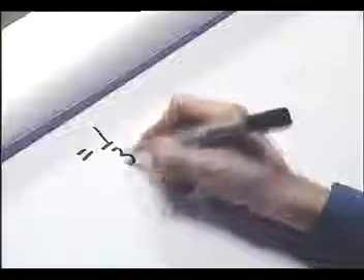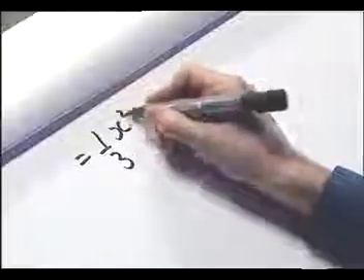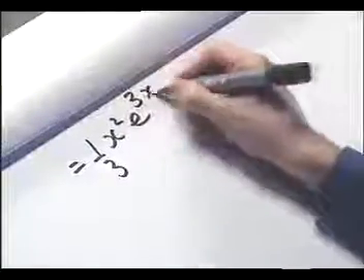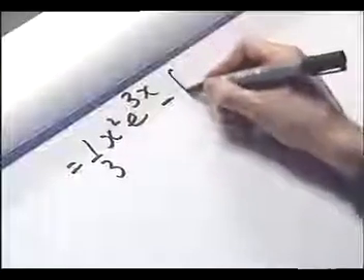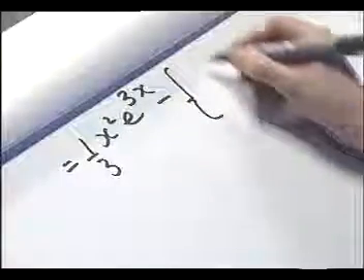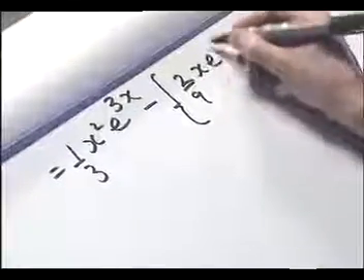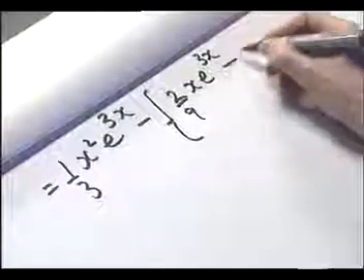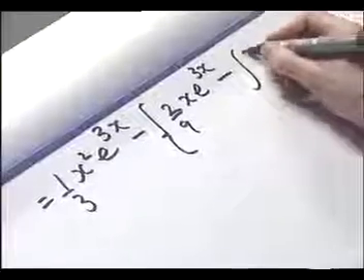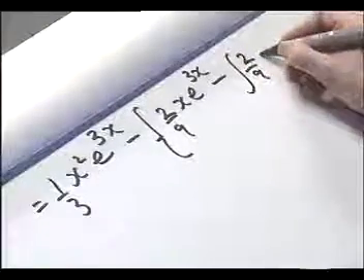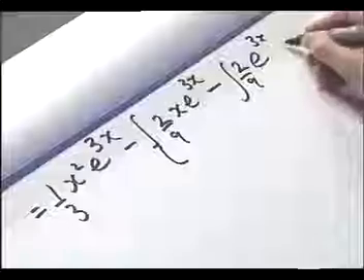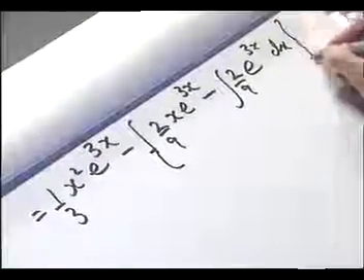So I'm now in a position to finish this off. So I'll turn the page, write it down again, 1/3 of x squared e to the 3x minus, and then the bracket, 2/9 of x e to the 3x minus the integral of 2/9 e to the 3x dx, and close the bracket.